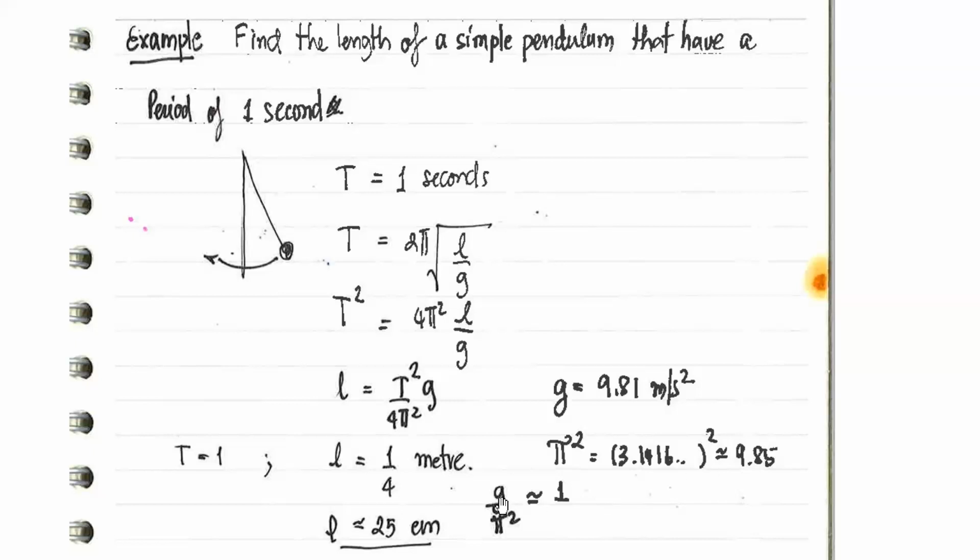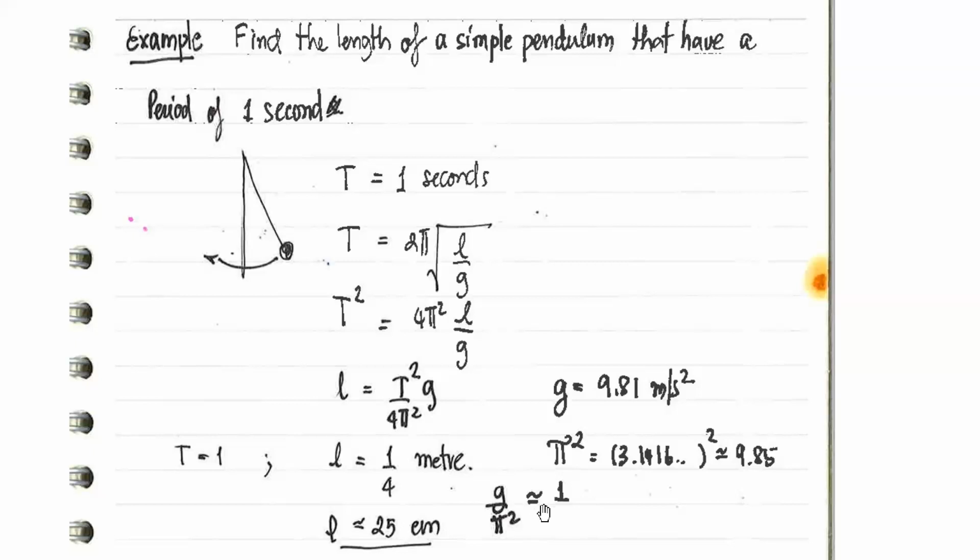So usually what we found, and sometimes remember, is that g over pi squared is approximately 1. Now, you have to be careful here. This is only the magnitude without the units. The number of g and pi squared, in meters per second squared, per pi, doesn't have any units.